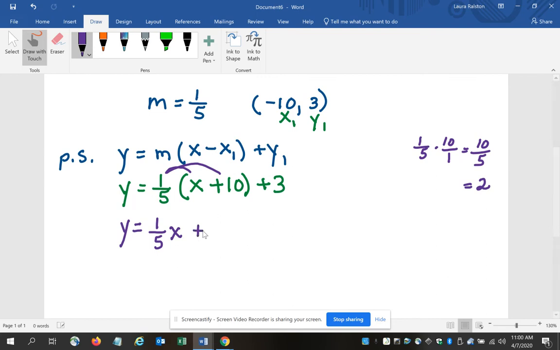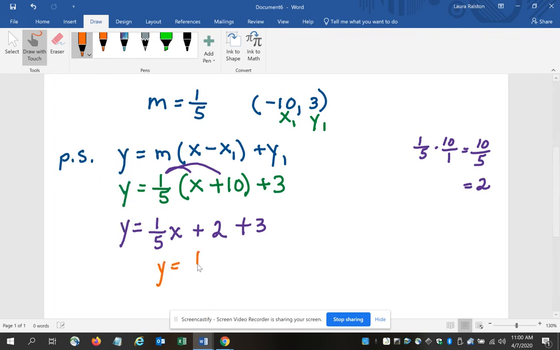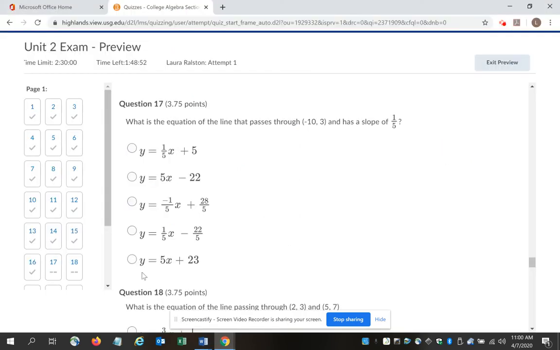And if you couldn't do that in your head or on paper like I just did, guys, please get the calculator out and do it. Don't make crazy errors because you don't want to take the time to get the calculator. And so then I combine like terms and I get y equals 1/5 x plus 5. Positive 2 plus 3 is plus 5. And so having narrowed my choices down, I now know that it's going to be the first one.